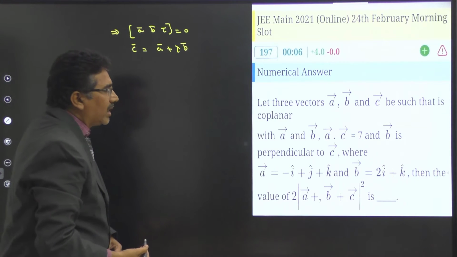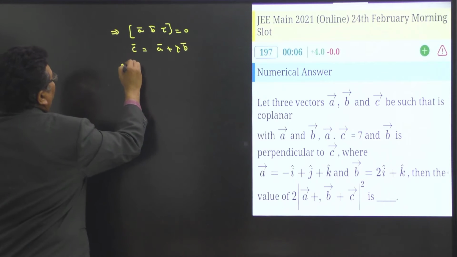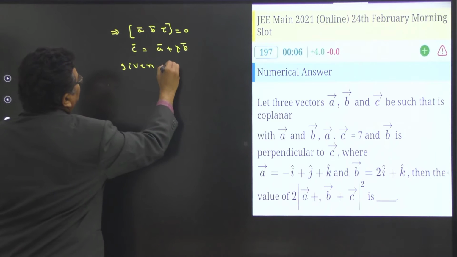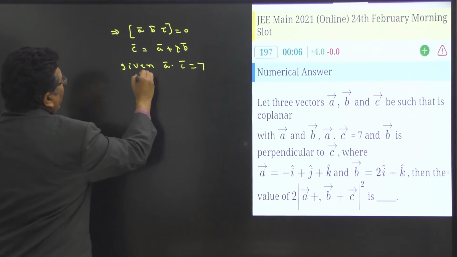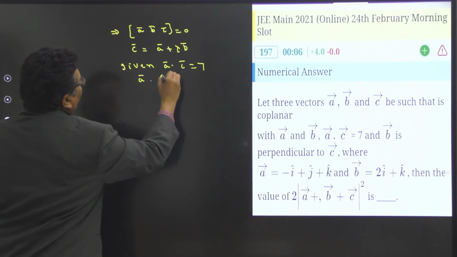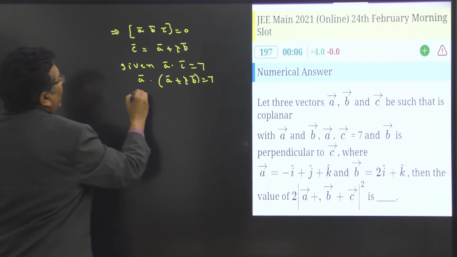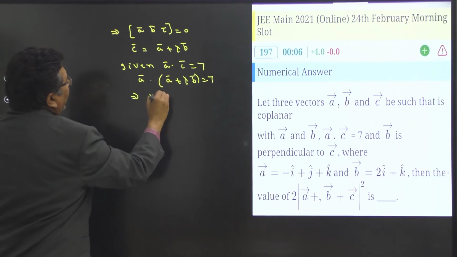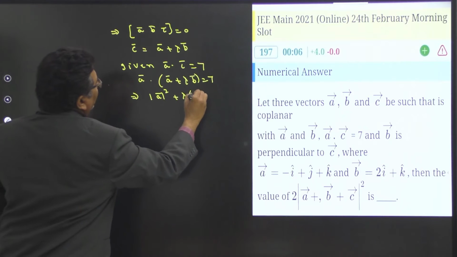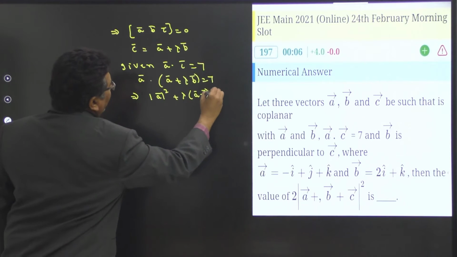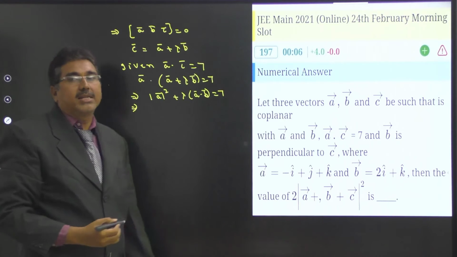Now also given a bar dot c bar is equal to 7. So a bar dot, a bar plus lambda into b bar, is equal to 7. That implies a bar dot a bar, mod a bar square, plus lambda into a bar dot b bar is equal to 7. Now, what is mod a bar square?